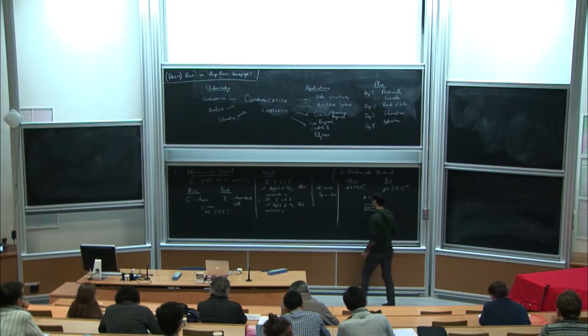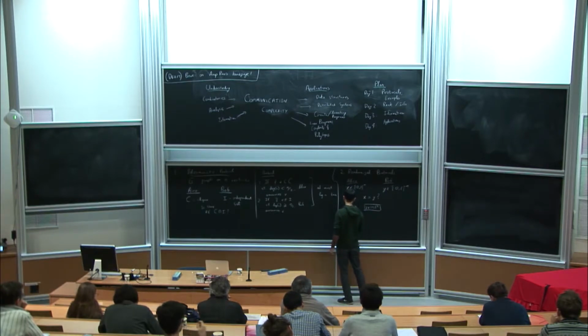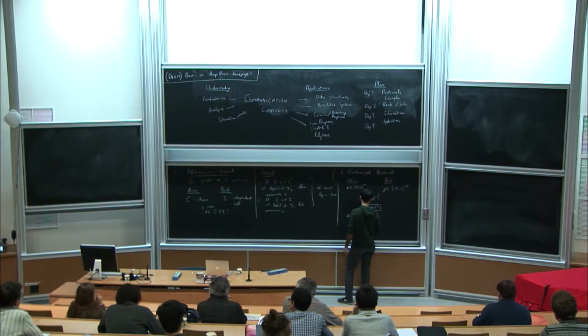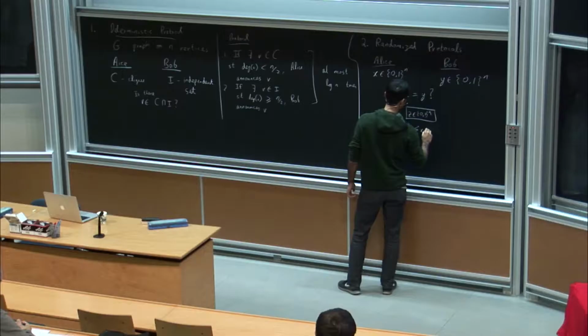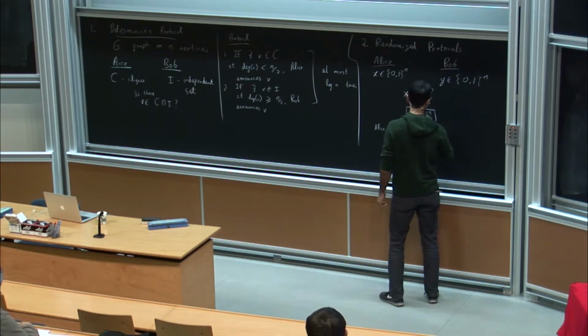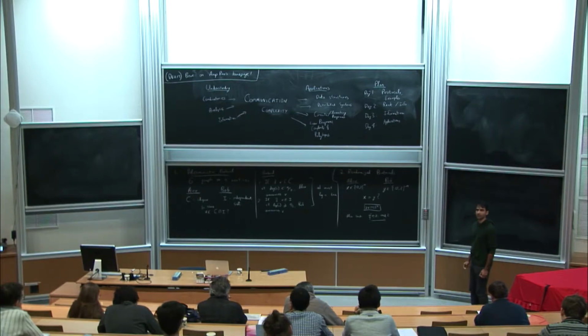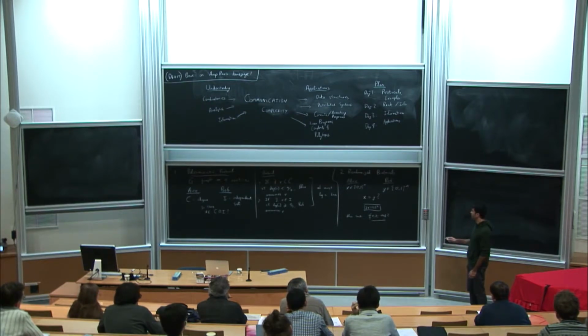And Alice will send the sum over i of x_i z_i, just the inner product of x and z, mod 2. Just a bit to Bob. Do they both have access to z? They both have access to z. So Bob can also see z.